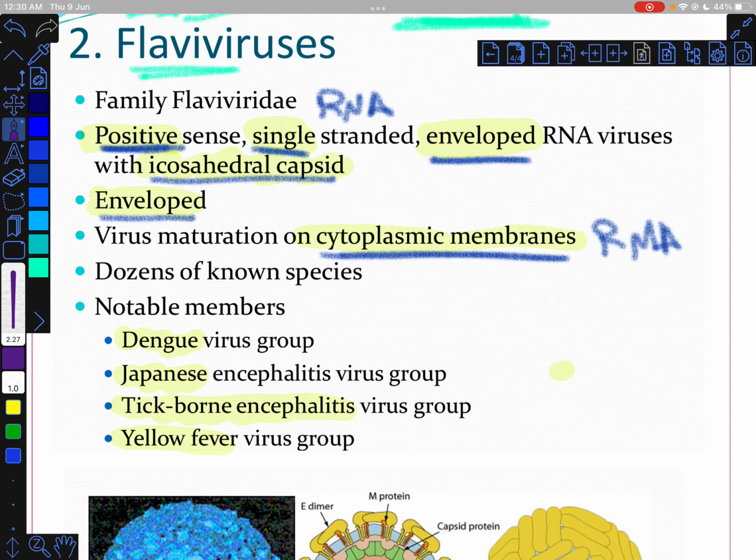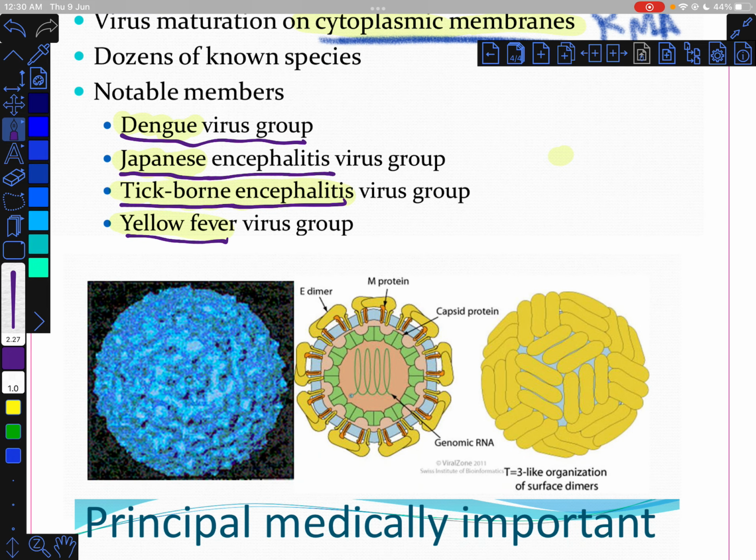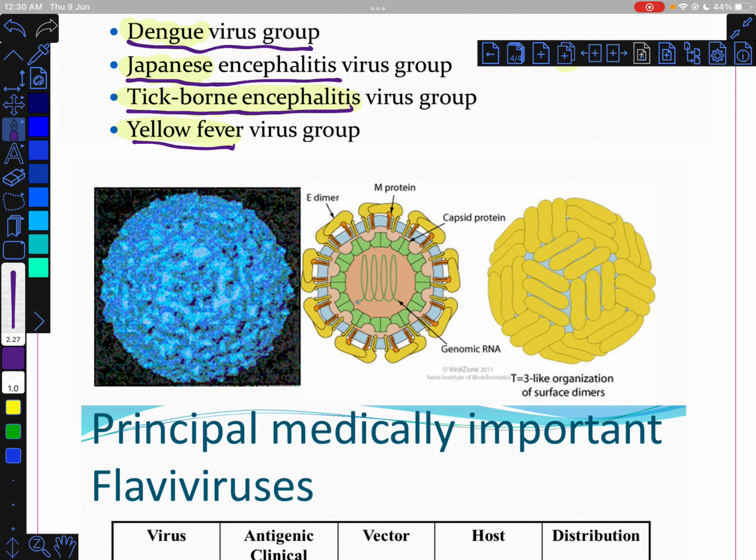We are talking about the dengue virus group, Japanese encephalitis, tick-borne encephalitis, and yellow fever. And this is how the genome RNA, capsid protein, icosahedral, M protein, and E dimer look.